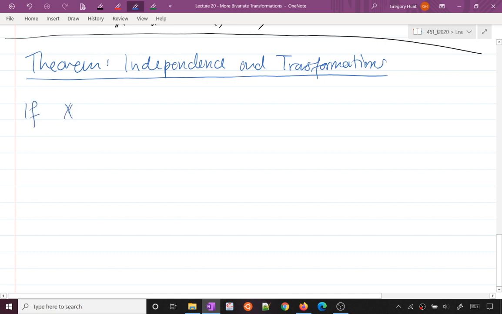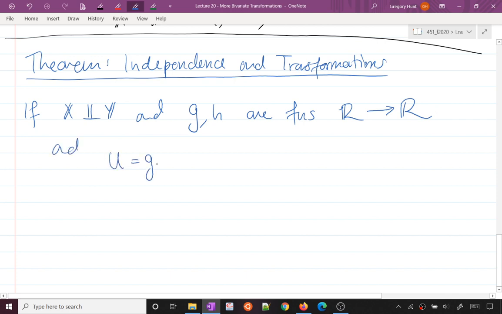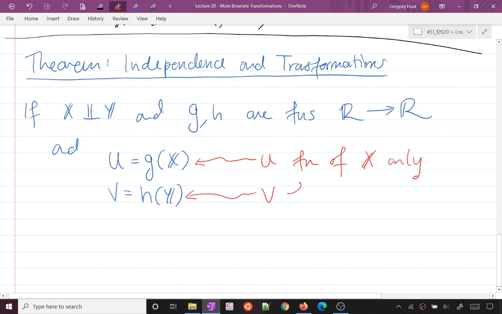So if I have two random variables, x and y, and they're independent of each other, and g and h are just real valued functions, R to R, and u is g of x, and v is h of y. So what this really means is that u is a function of x only, and v is a function of y only.